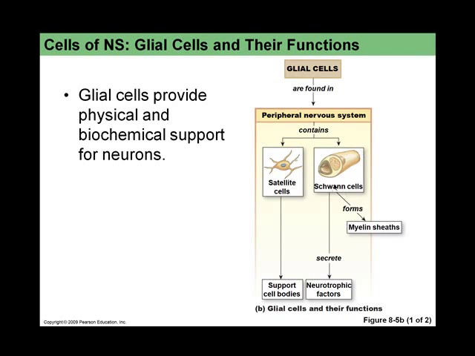And then in the peripheral nervous system, those cells that wrap around the axons, either once or multiple times, are called Schwann cells. If they wrap around the axon multiple times, then they are forming the myelin sheaths. But every axon will be surrounded by that at least one time, and we'll see it in an upcoming illustration.